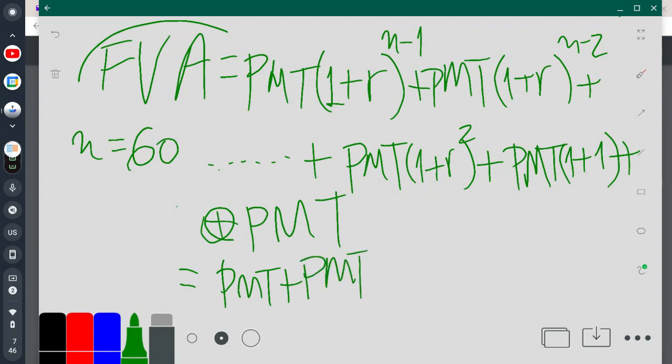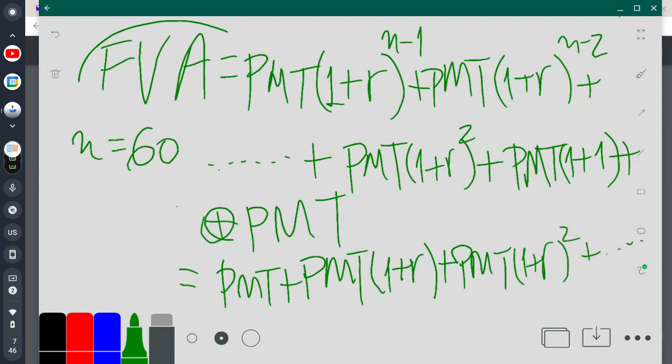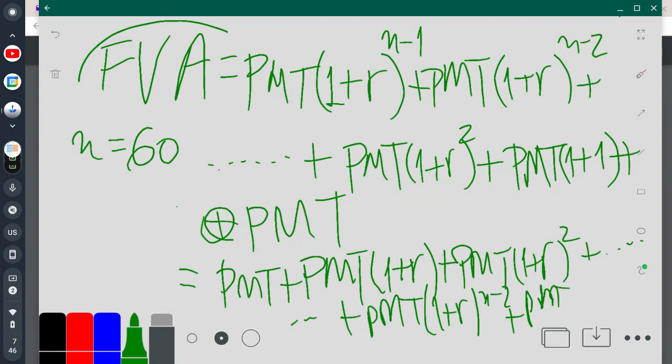Payment, plus payment times 1 plus r, plus payment times 1 plus r squared, plus that ellipsis, plus payment times 1 plus r raised to n minus 2, and then plus payment times 1 plus r raised to n minus 1, right?